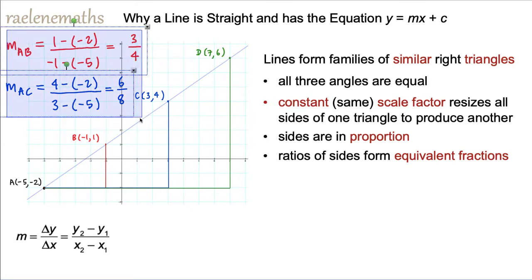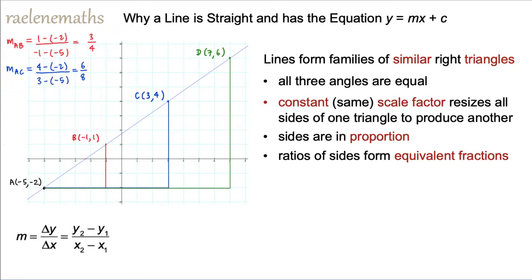And for our last right triangle, which is the green one, we can calculate the gradient as y2 of 6 minus y1 of negative 2 over x2 of 7 minus x1 of negative 5, which gives us 8 over 12.